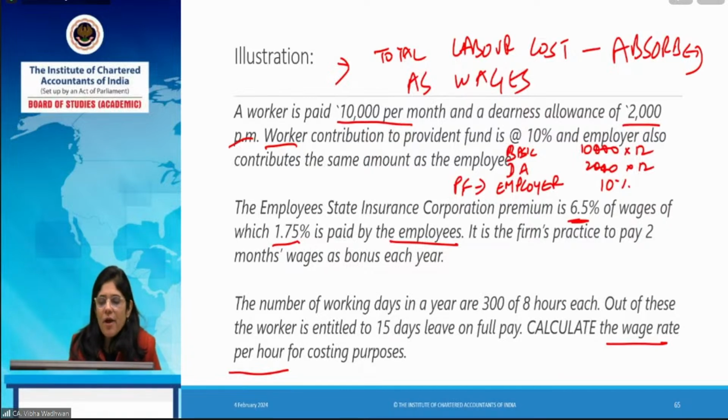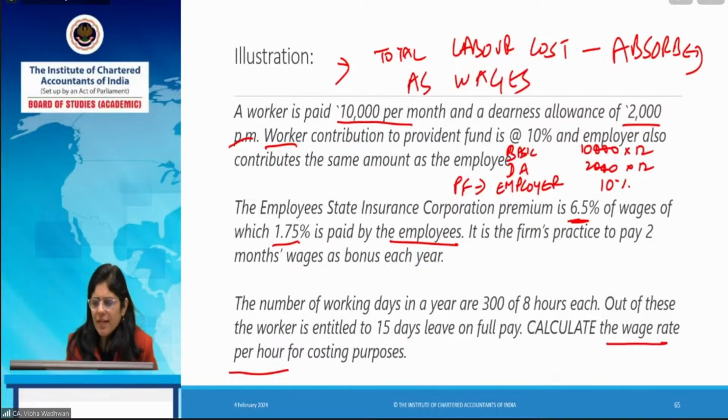So 6.5 is the total, out of which 1.75 is for the employee. How much is for the employer? Can you tell me the percentage of the employer contribution of ESI? It's not given in the question, but you can calculate.